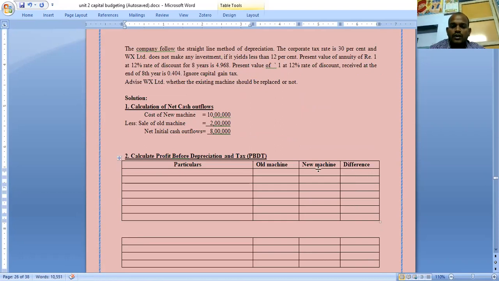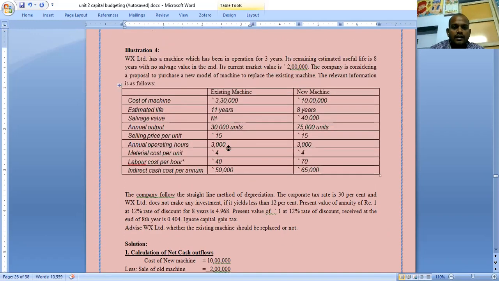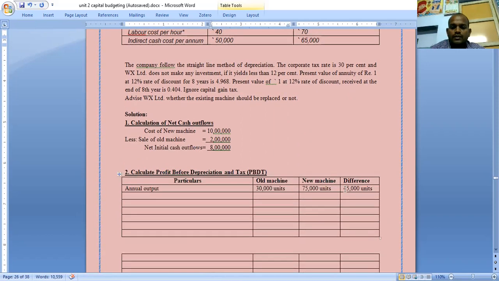So if we consider the new machine, what will be the increment? Annual output for old machine 30,000 and new machine 75,000. So the difference is 45,000 units.